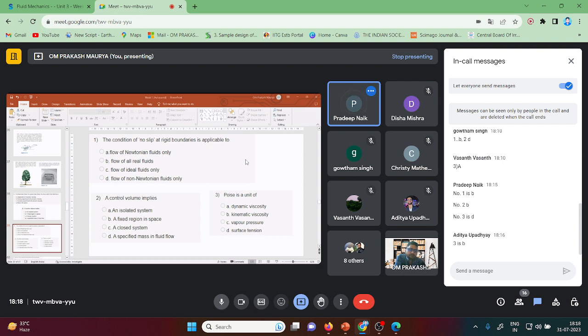Can you please explain a little bit about control volume, if possible? Control volume. Yes, yes, okay. Let me put it in the full view mode.